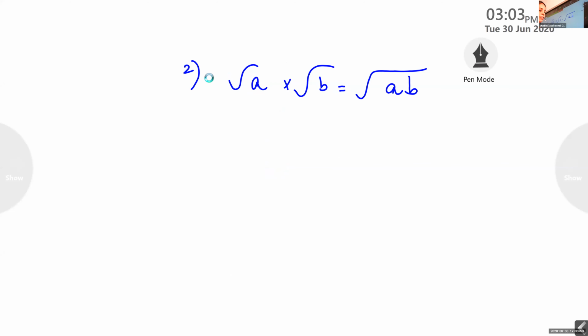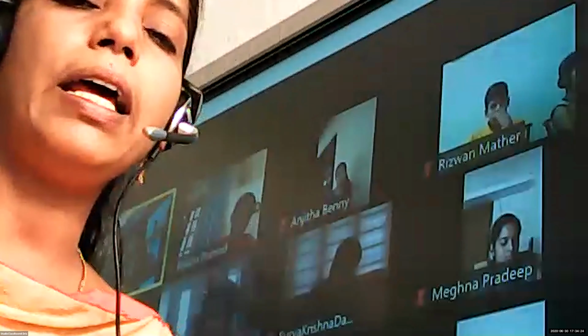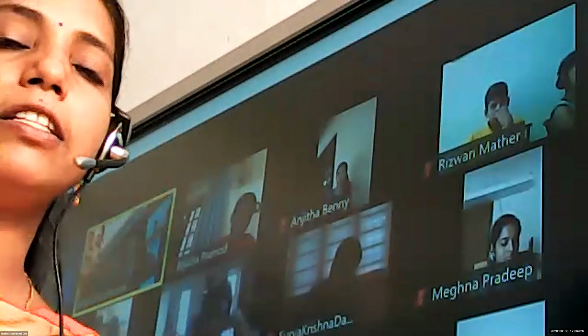Can you convert this into an example with numbers? Root 3 into root 2 is equal to root 6. Good. Root 3 into root 2 equals root of 3 into 2, that is root 6. Root 3 and root 2 are both irrational numbers, and the answer is also an irrational number.